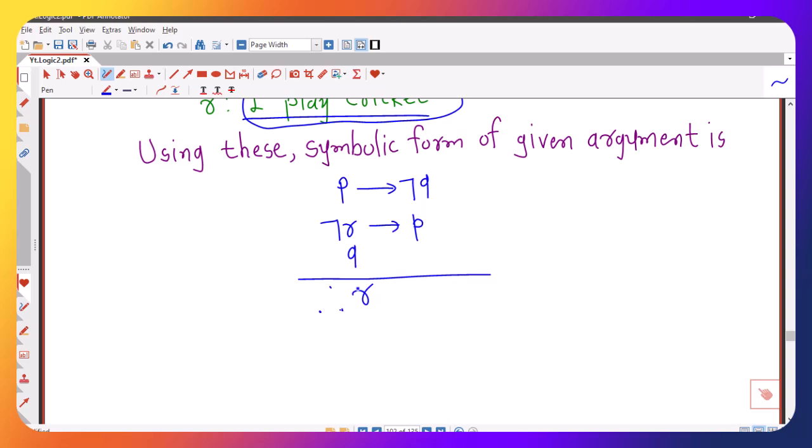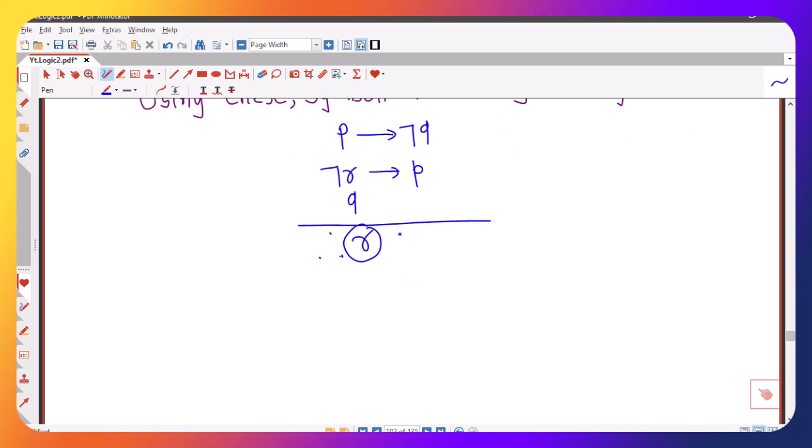So there are two ways to determine the validity. One is you can use a truth table, and another way is you can use standard rules of inference, and arrive at the conclusion using these premises. So first we determine the validity using rules of inference, and we will use a truth table to determine the validity also.